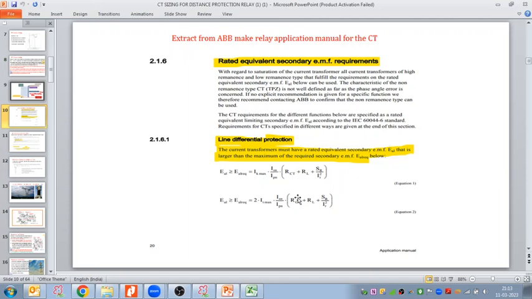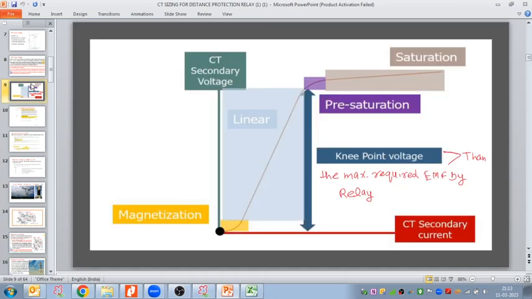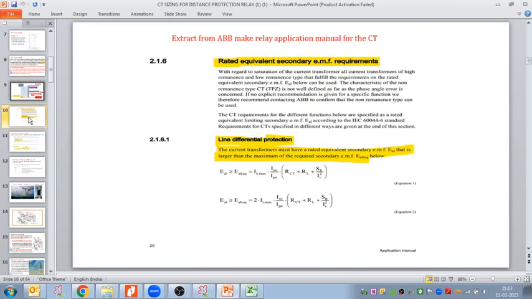So the correct method is to take the relay you are using, what kind of relay and what model we are using.